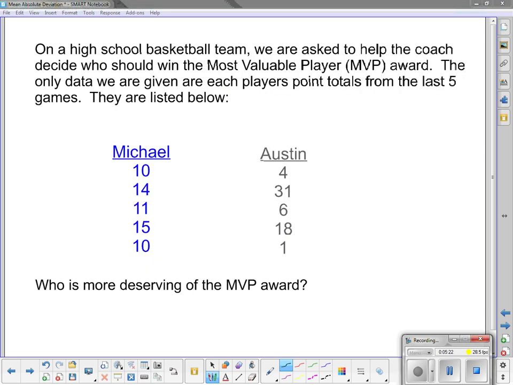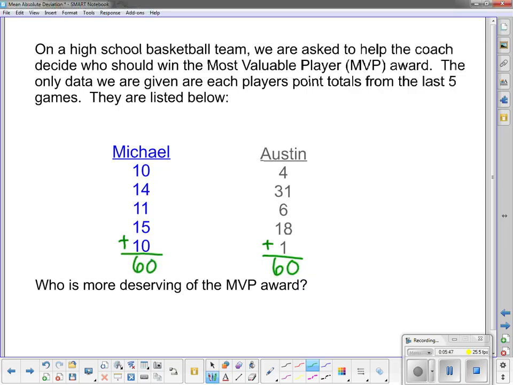When trying to answer the original question, who is more deserving of the MVP award, you remember we first tried to find the total points scored. But since they both scored the same amount of points over the same number of games, that made it difficult to do.